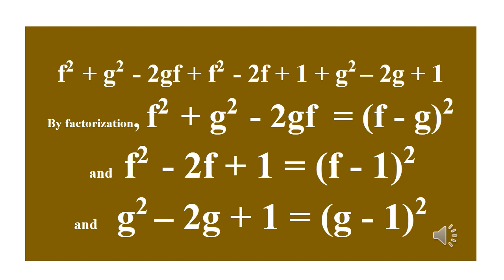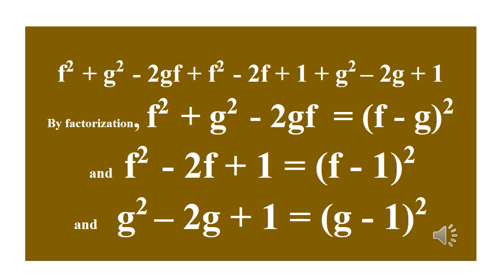That is, if you expand f minus g into bracket squared, it will give us f squared plus g squared minus 2gf. Then if we factorize f squared minus 2f plus 1, it will give us f minus 1 into bracket squared.